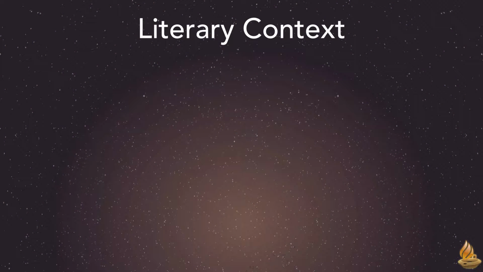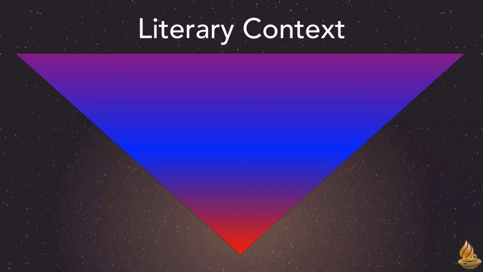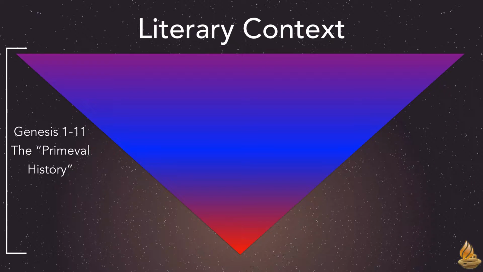The passage we're going to study today is at the very end of the first section of Genesis. Genesis 1 through 11, which E.A. Speiser calls the Primeval History, introduces the stories of Abraham, Isaac, and Jacob.